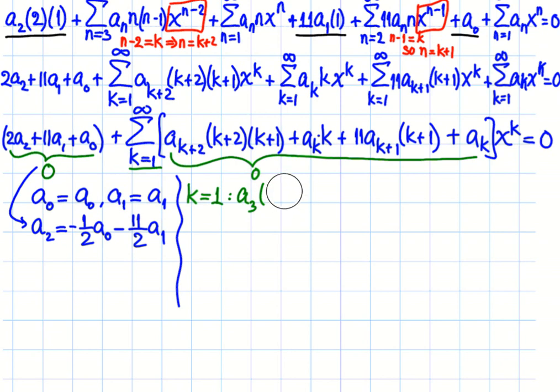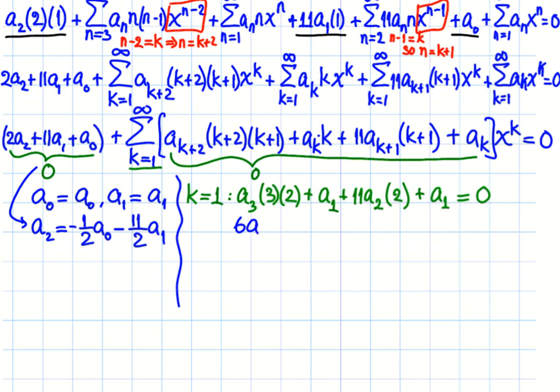K is 1, so we have 3 and 2, and that coefficient must be equal to 0.